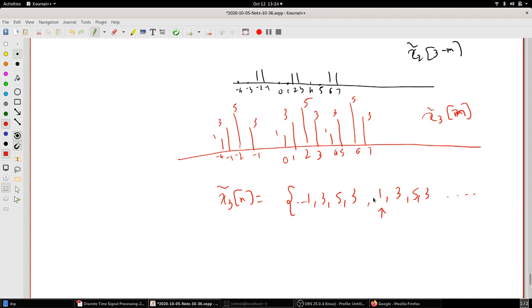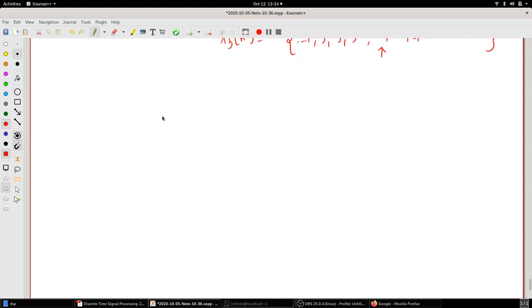This is how it's going to be looking like. Now, the periodic convolution formula for DFS sequences: you could do the periodic convolution, which is x3 tilde of n equal to summation m equal to 0 to N minus 1 of x1 tilde of m into x2 tilde of n minus m.